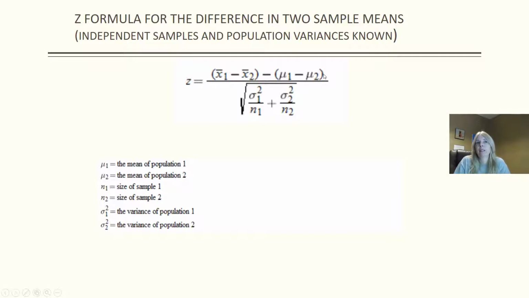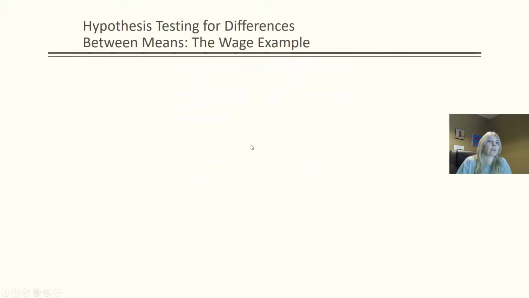Remember the mu1 minus mu2, the hypothesis, if we're saying there is no difference, that's 0. We have the standard deviation of our first sample, the standard deviation of our second sample, and these are the population standard deviations that are given; when you square it, the variance. And then the number of samples in sample 1 and the number of samples in sample 2.